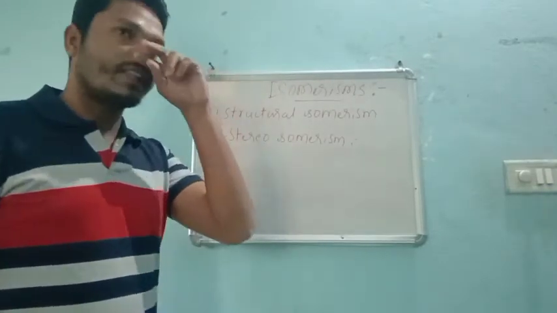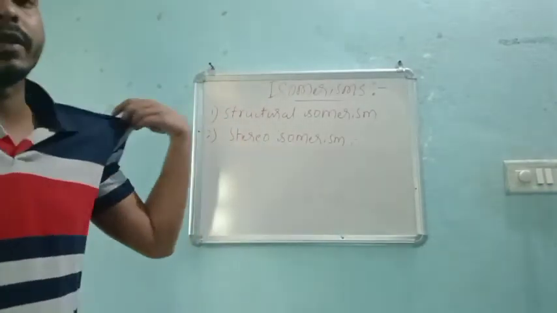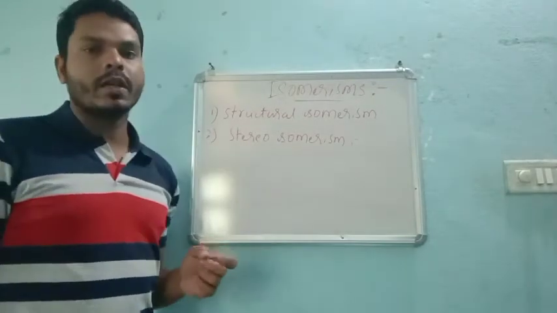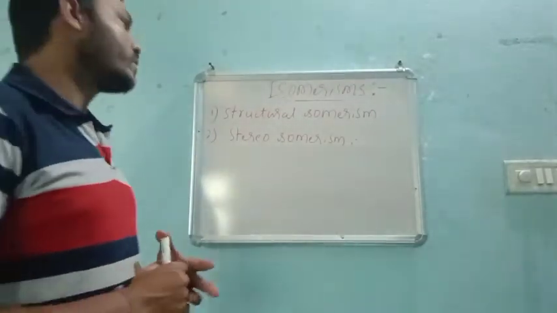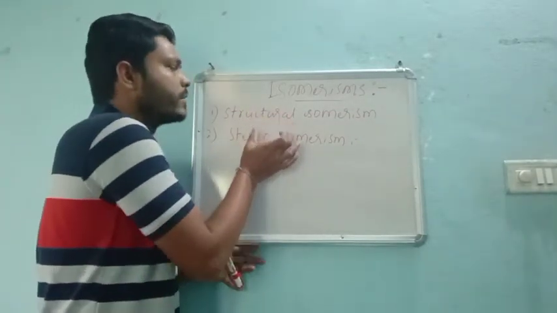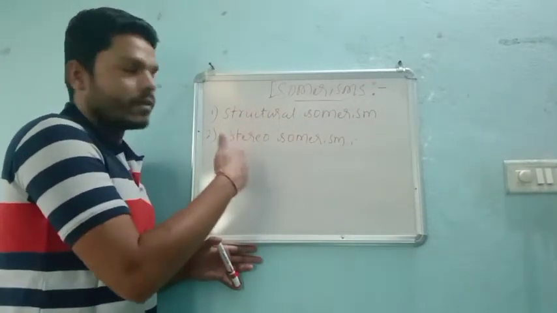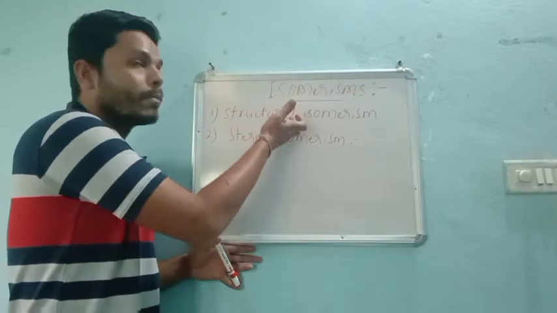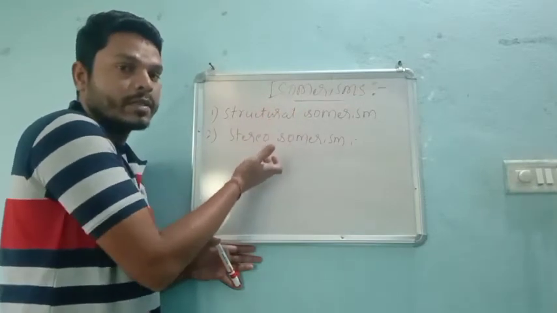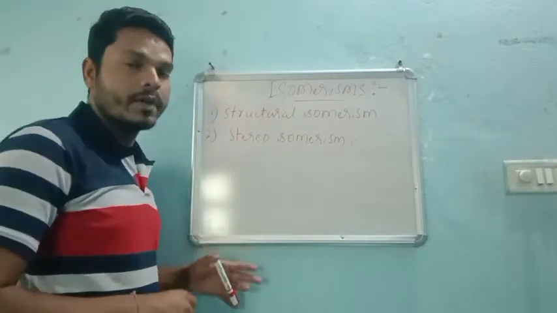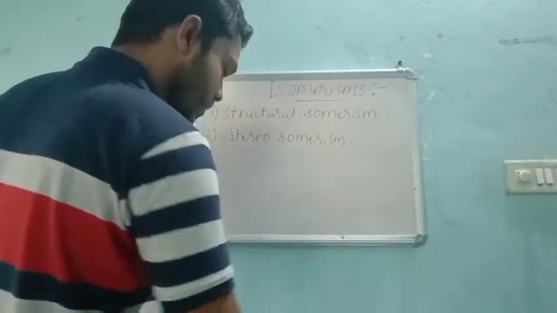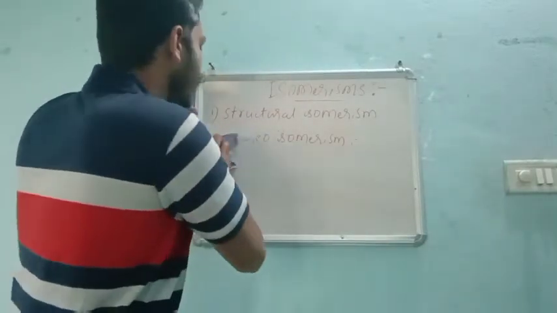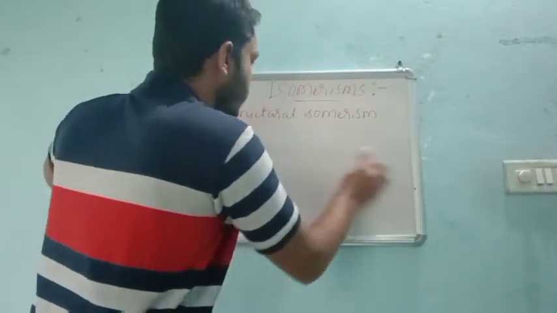There are two main classes, structural and stereoisomerism. We will define them and later see the sub-classification of each. Let me now start with the first one, structural isomerism.